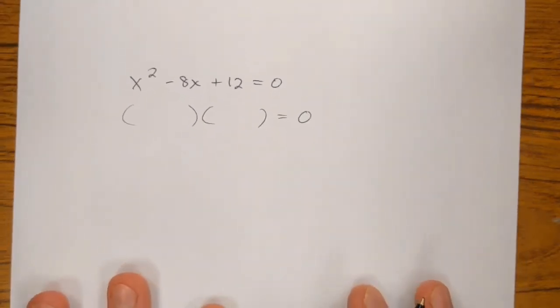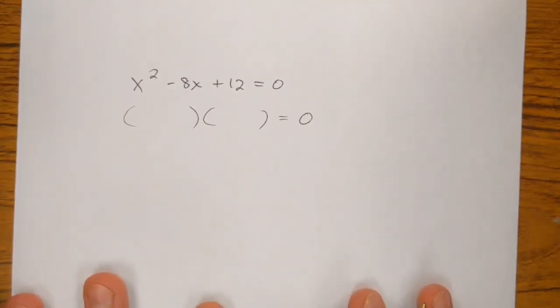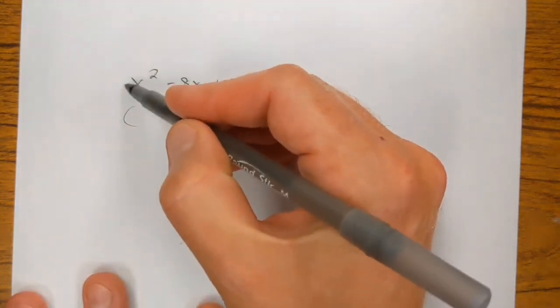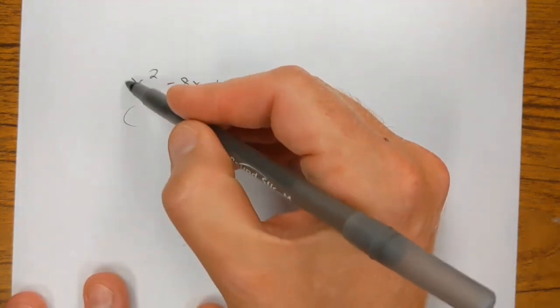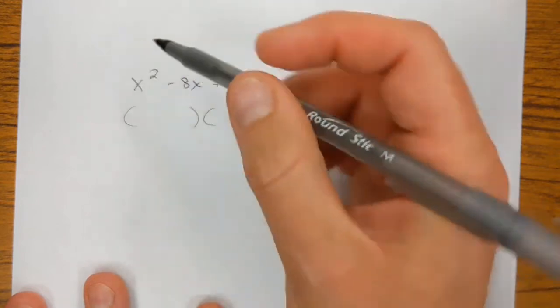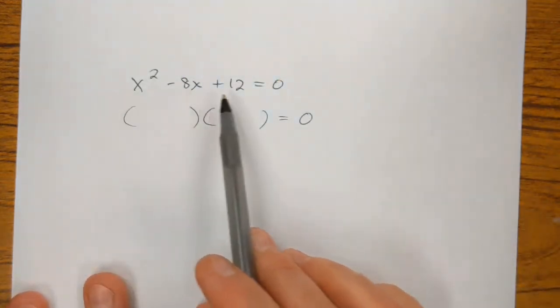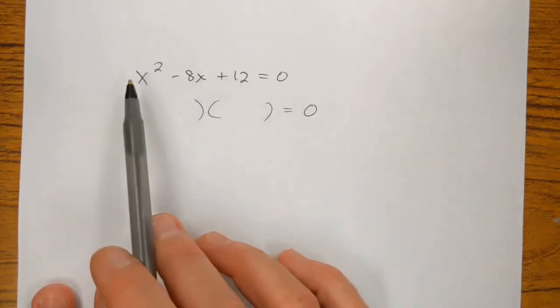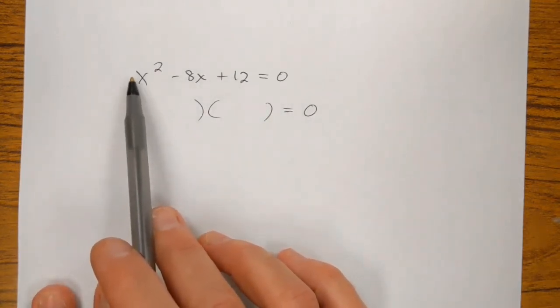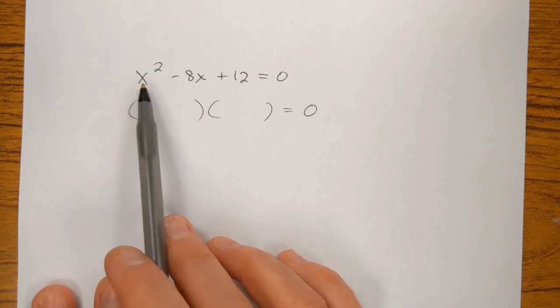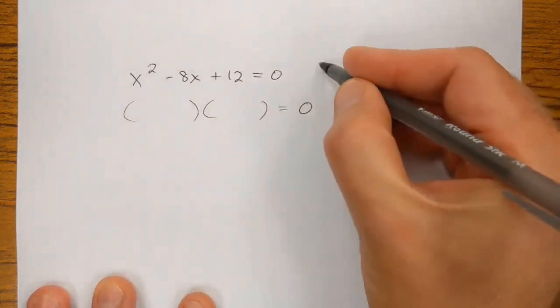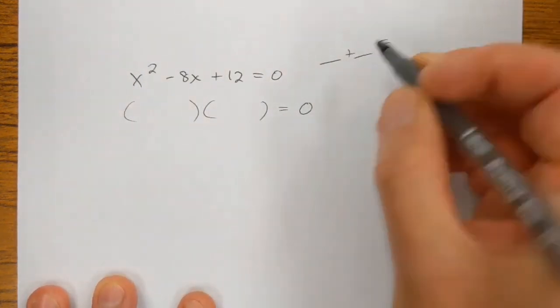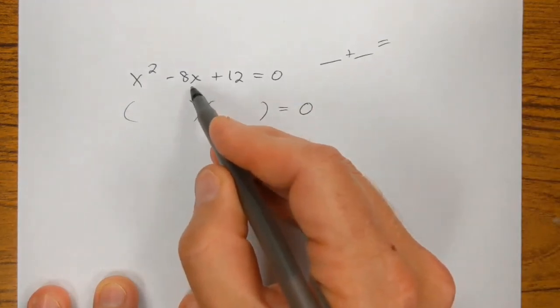There's a shortcut that works with some quadratic equations, particularly those that can be factored. If your leading coefficient here is a 1, if your a value is 1, what you can do is look for two numbers that add up to the coefficient of your linear term.